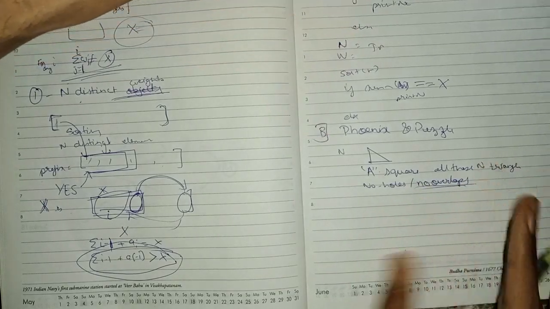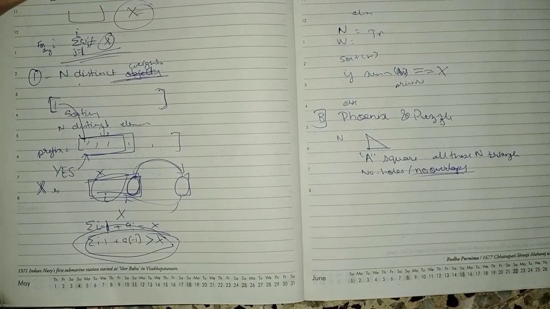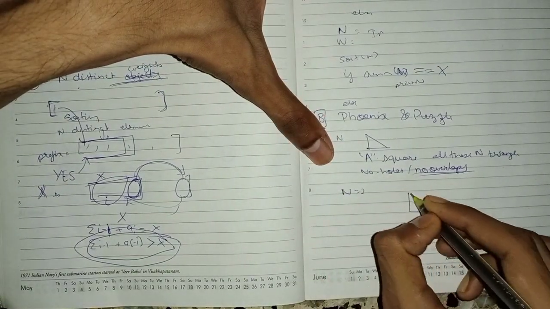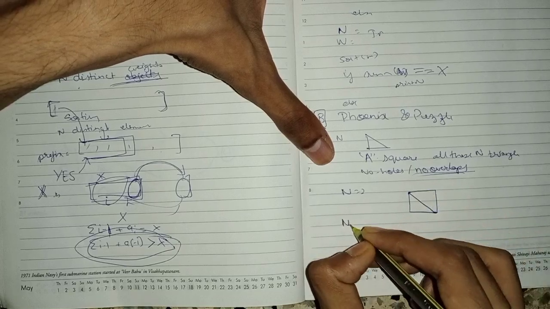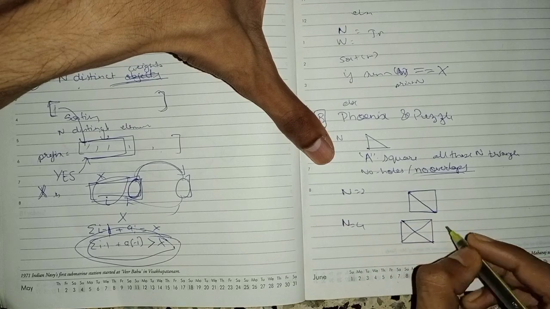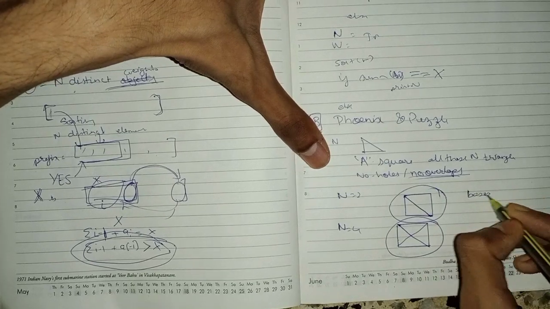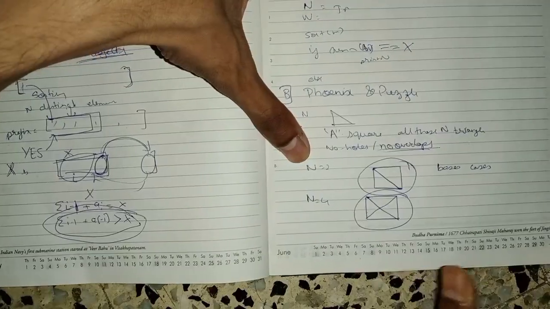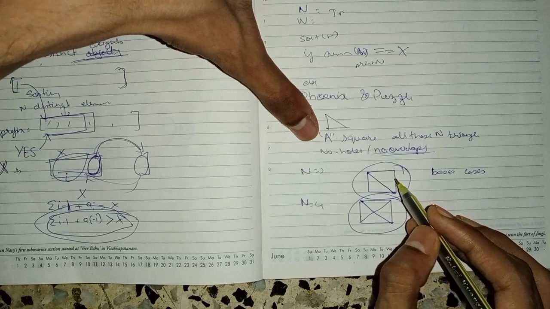The question is hinted at in the example test case. They have shown that when n is equal to 2, we can make a square in this form, and when n is equal to 4, we can make a square in this form. These two examples are the base cases. In these two cases no further subdivision is possible.